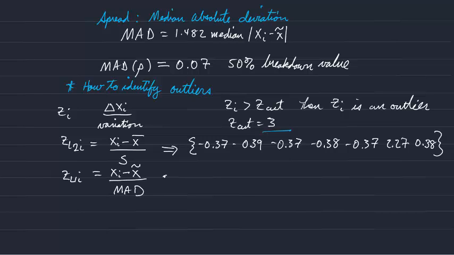But if we used our second definition, using our robust measures of the central location as well as the variation, we would get 0, minus 1.35. Remember, MAD was a lot smaller, so the numbers are going to be a bit bigger here, and there'll be more positive numbers here.